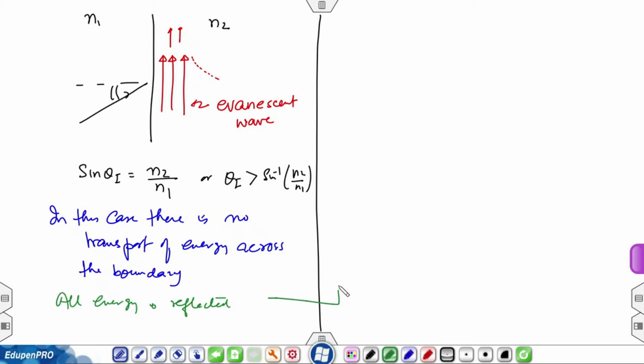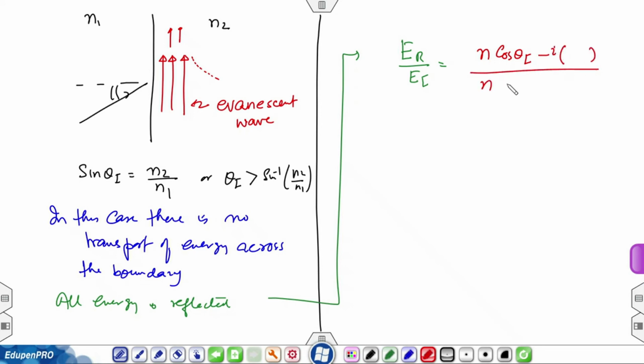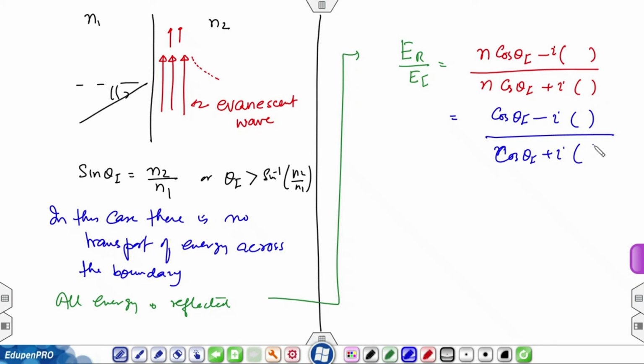This you can see very easily, because E r over E I is, for the p case, n cosine theta I minus a purely imaginary number I times some number, divided by n cosine theta I plus that purely imaginary number, and for the s case it is without the n: cosine theta I minus I times a purely imaginary number divided by cosine theta I plus I times an imaginary number.